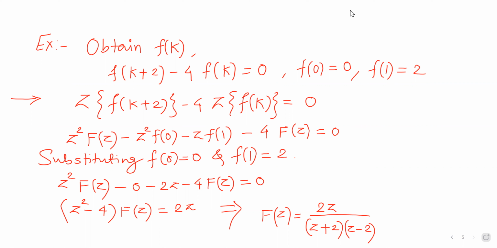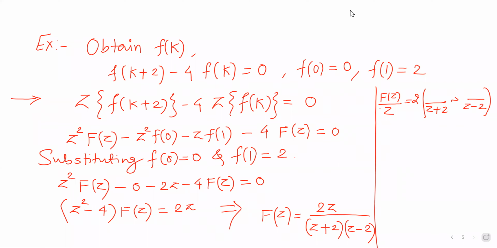And then just use the partial fraction method. So here itself you can make the adjustment for these terms. Correct? So f of z by z is 2 upon, I take that 2 out, and then we have z plus 2 and here we have z minus 2, correct?